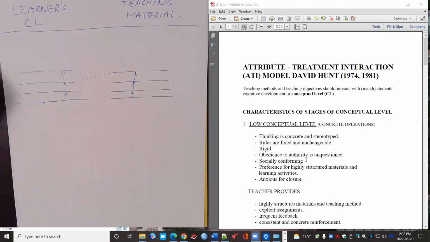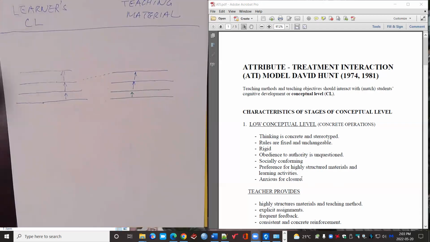Because of these two conditions. Anyway, preference for highly structured materials and learning activities. They want to follow the rules. They want to just follow the standard. So they prefer highly structured materials.